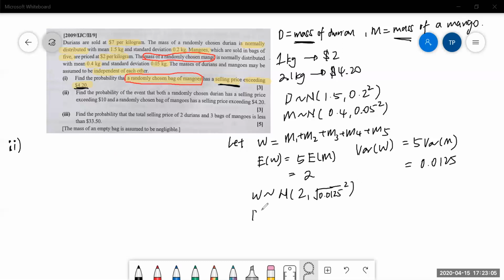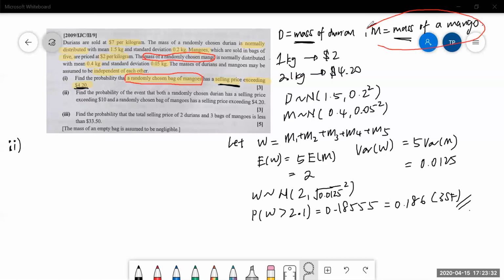Then you want to find the probability, 0.18555, which is equal to 0.186. Correct? Yes, it was my mistake, because this is to let you guys out there know how important the definition is. Once you define the definition wrongly, that's it.